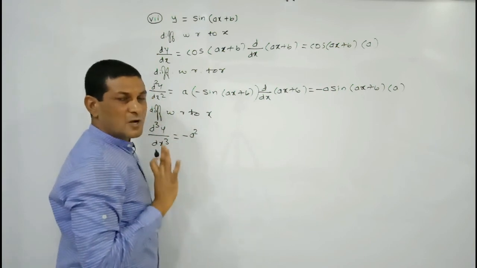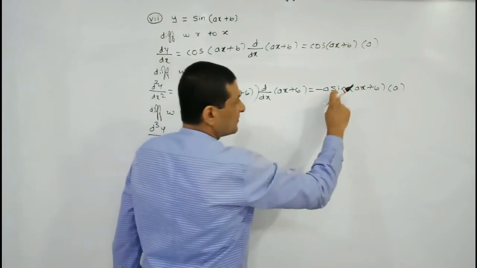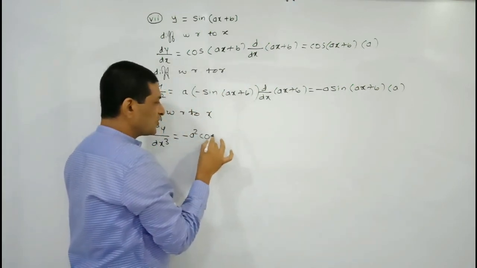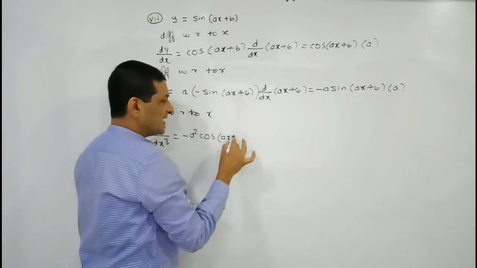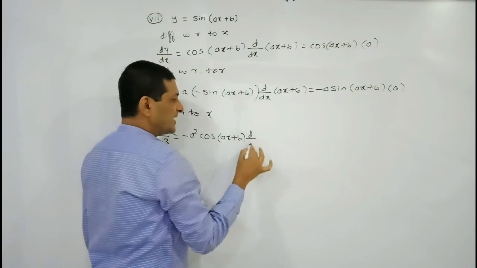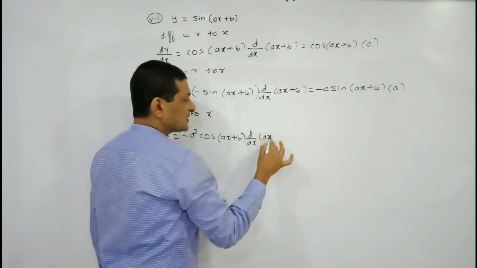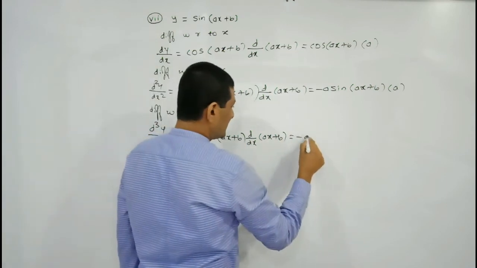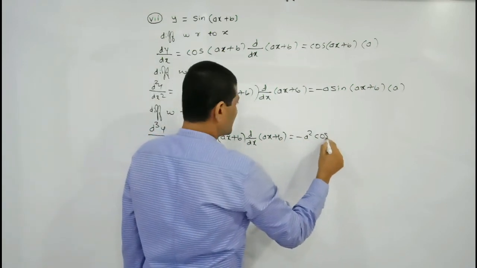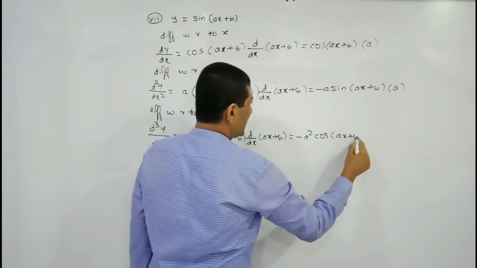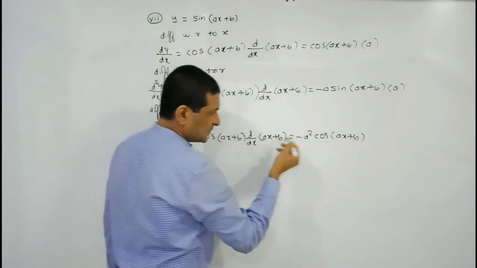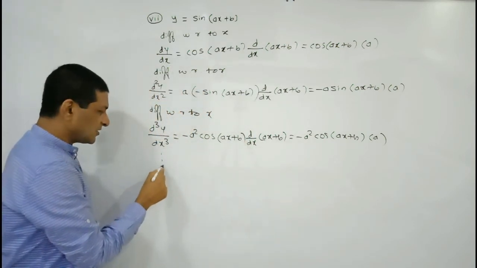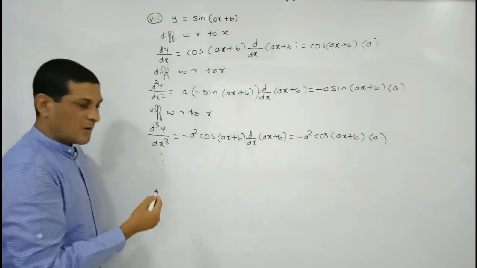Minus a square is a constant term, keep it as it is, and now we are finding the derivative of this term which is in the form of sine f of x, so its derivative is cos f of x, that is cos ax plus b into derivative of ax plus b. Keep this term as it is: minus a square cos ax plus b, and here the derivative of ax plus b will be a. In this way we have got the first order, second order and third order derivative.